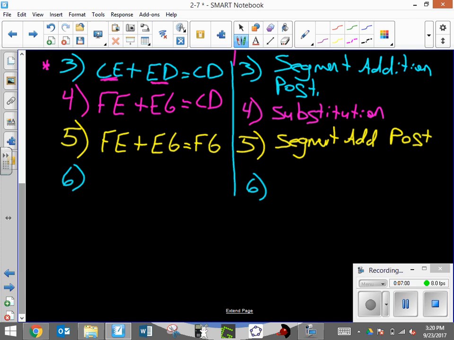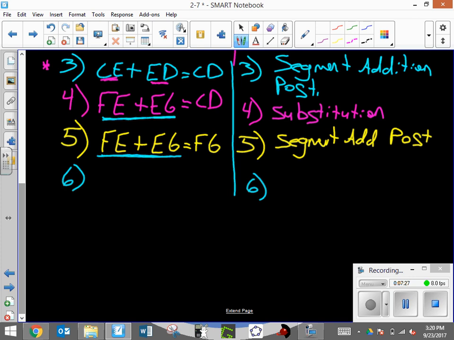If we look at statements 4 and 5, because I've used all the other ones, I've used 1, 2, and 3 to come up with other statements, now I want to use numbers 4 and 5. Well, if we look, FE plus EG is right there, and FE plus EG is right there. But they're both equal to different things.